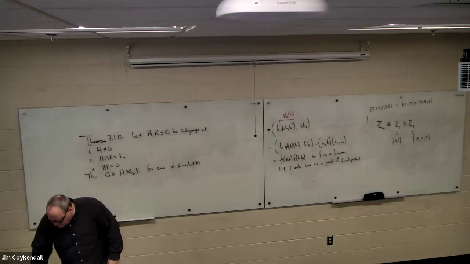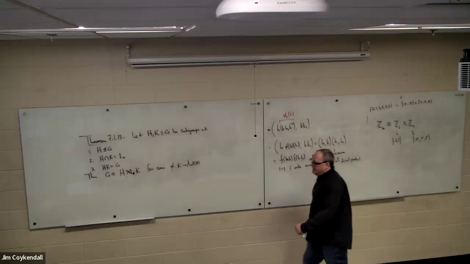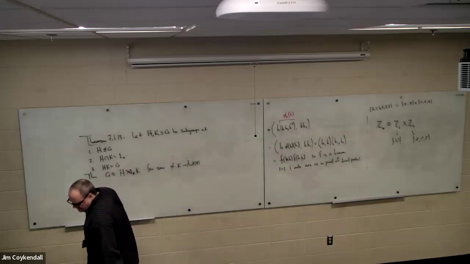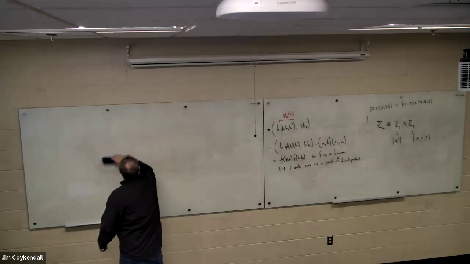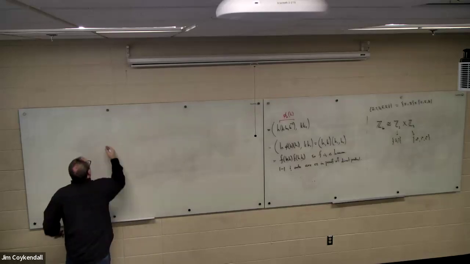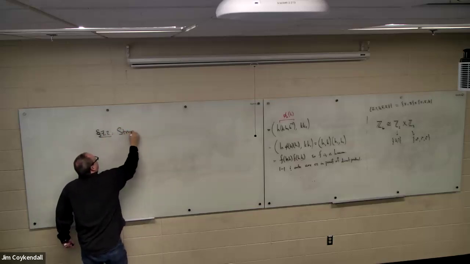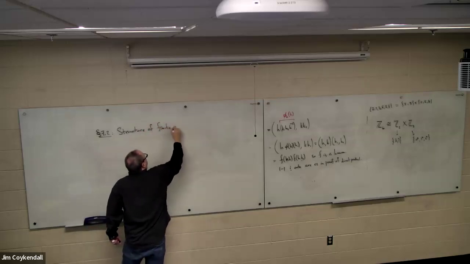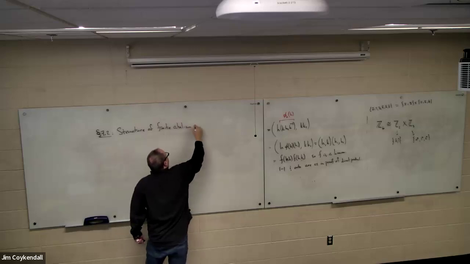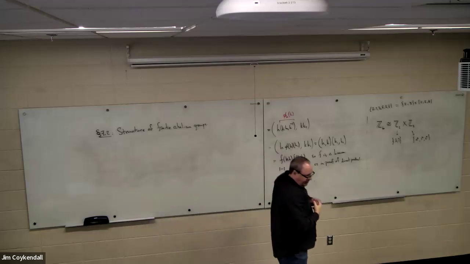Okay. What we're going to do is start, as I promised, to talk about finite abelian groups. In general, they are hard to classify, hard to list all of them.